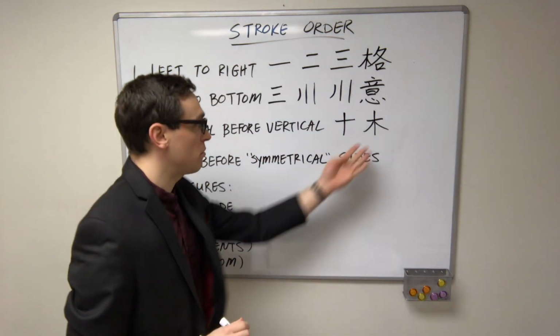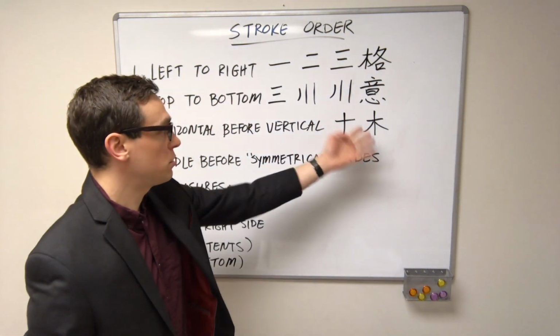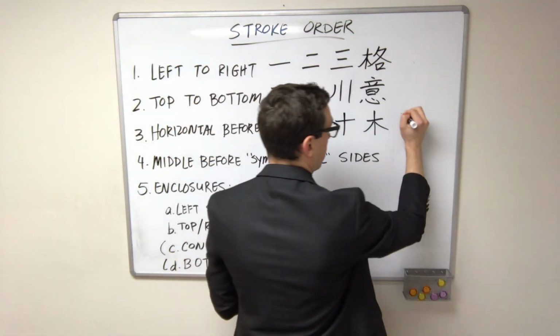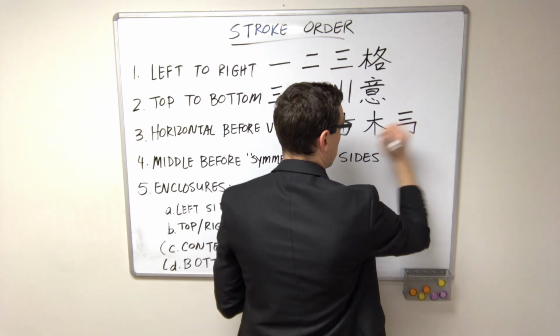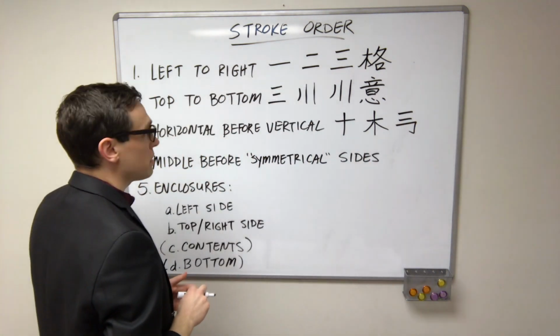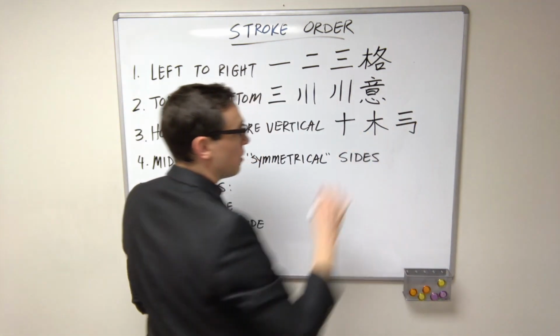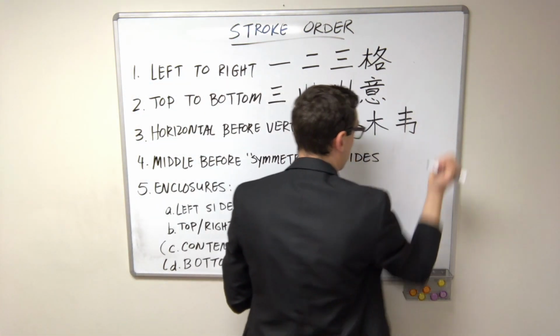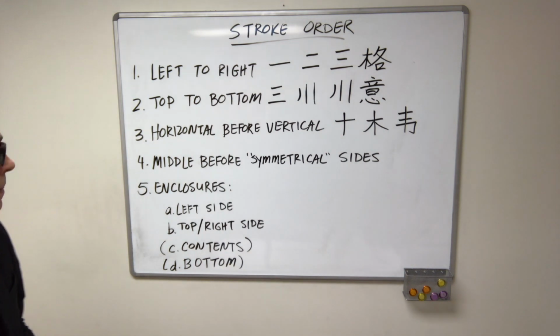For example, our tree radical, mu, wood, tree. Other ones as well, for example, we have these 3 horizontal lines, even one with a hook, a downward hook at the end before the vertical at the end. All right.